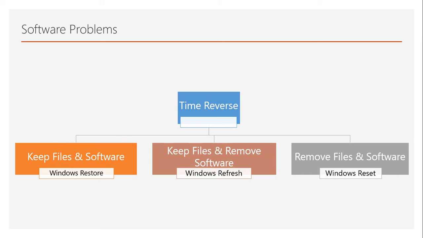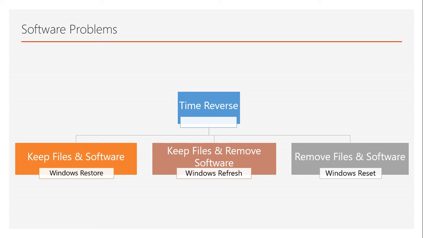This is going to keep all our files, but it's going to move the computer back from the software side to the point that we didn't have any software except Windows default software. Third one is basically a factory reset to a point that we didn't have any additional software installed. We didn't have any software or any files basically on our computer.